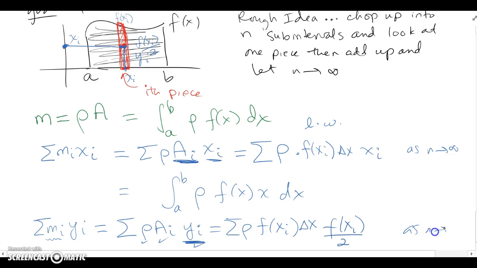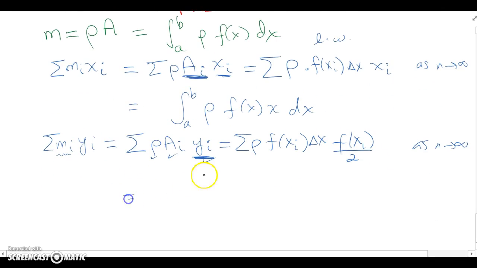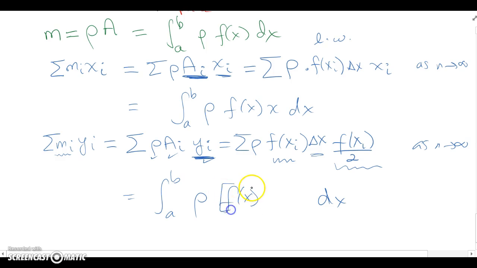Now as n goes to infinity and I add up these little pieces, we end up getting from a to b, we've got our uniform density, we've got our delta x, and then this guy and this guy give me f of x quantity squared over 2.